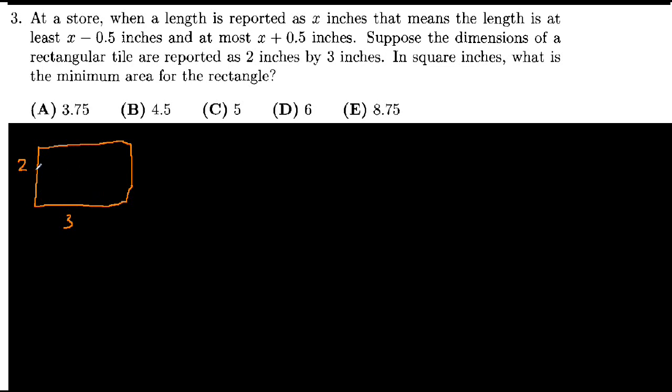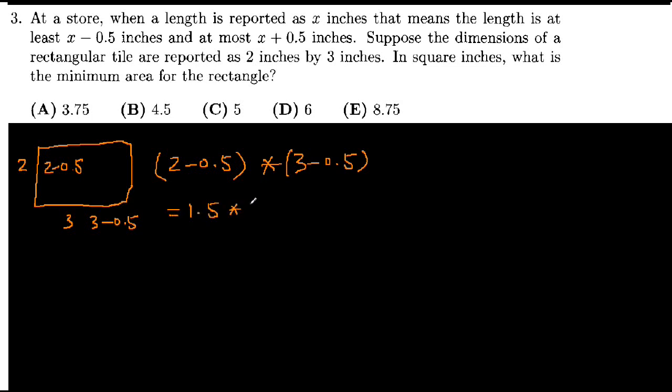By the given conditions, the 2 inch side could be as small as 2 minus 0.5 inch, and the 3 inch side could be as small as 3 minus 0.5, right? So the smallest area we can get is 2 minus 0.5 times 3 minus 0.5, equal to 1.5 times 2.5.